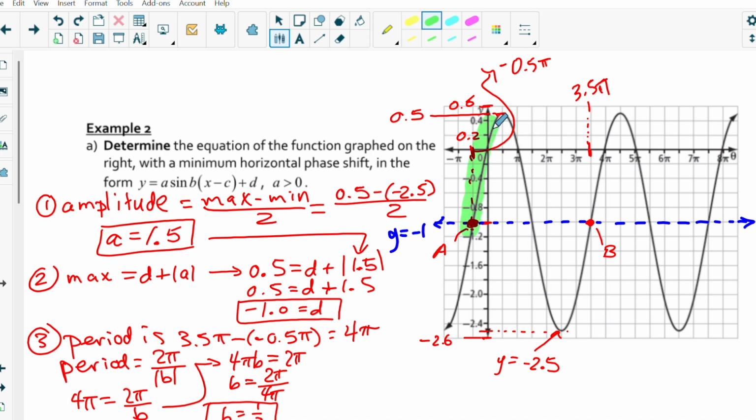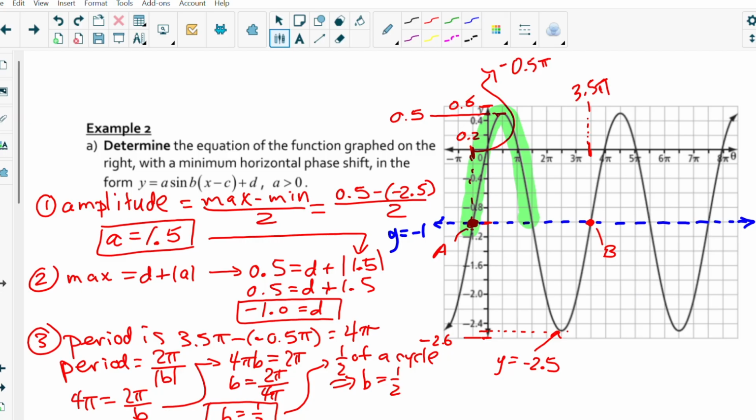So this would be exactly 2 pi. I've done exactly half a cycle, so that means b is 1/2. That's the other way to think about it, okay?